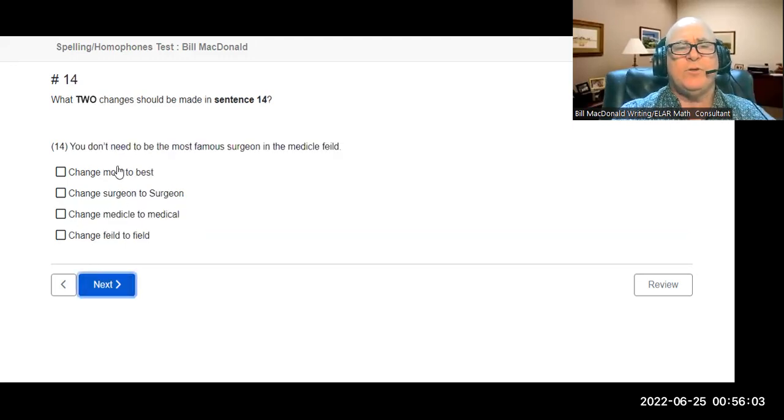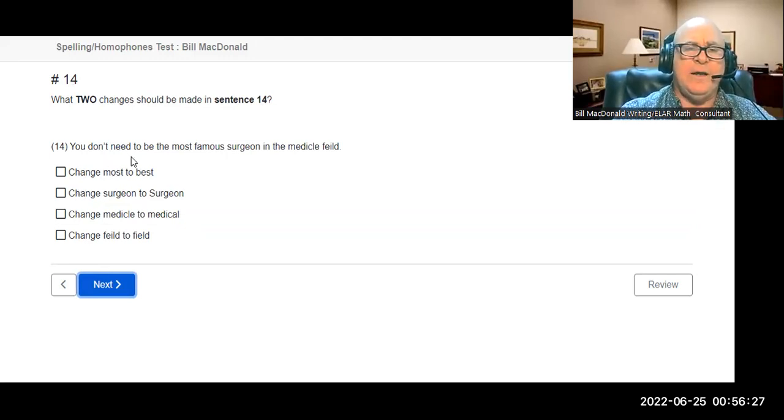Next, 2 changes. Again, we won't have any like this, but we're going to have them in Bill McDonald's online testing for editing and revising, so the reading students who also have to do essays will be able to practice fixing more than one mistake in their editing sentences.